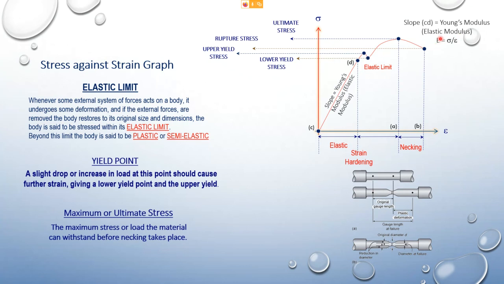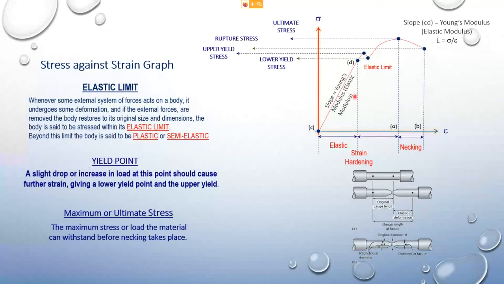You can determine the E value by taking the vertical length divided by the horizontal length based on any point within C and D. When you take the vertical length divided by the horizontal length, you get the average stress and the average strain between these 2 points. Strain is horizontal. The stress is the vertical value. So you get this value here, which we call the Young's modulus.